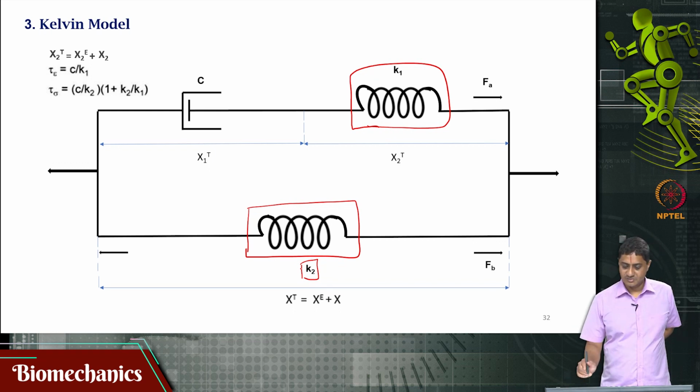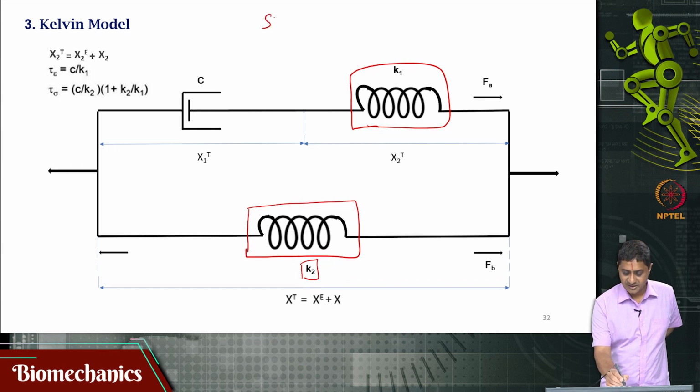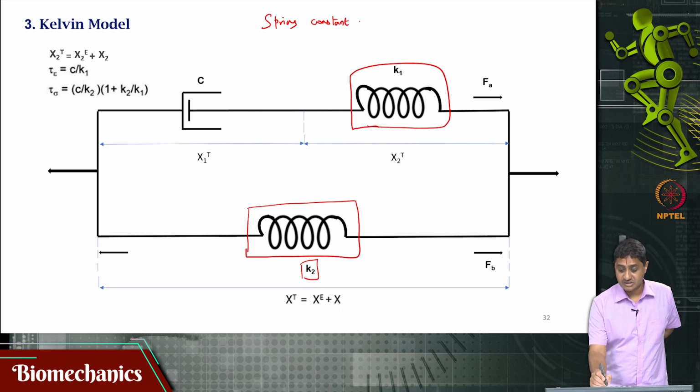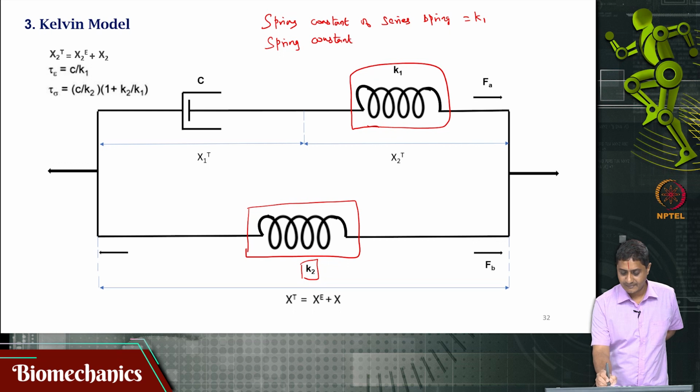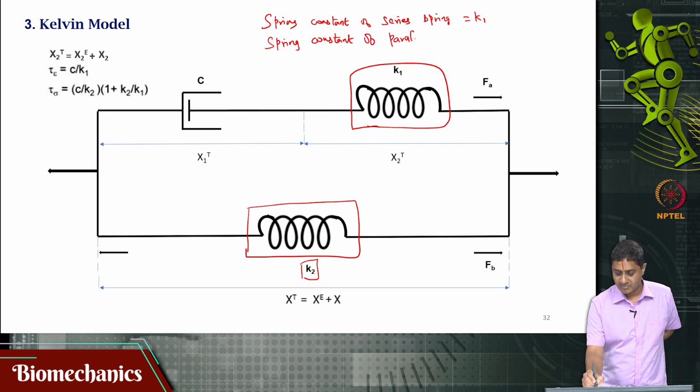So, let us remember, throughout the lecture, the spring constant of the series spring is K1 and the spring constant of the parallel spring is K2.